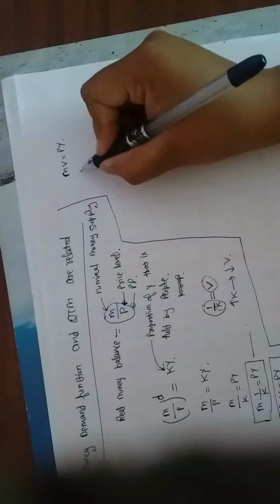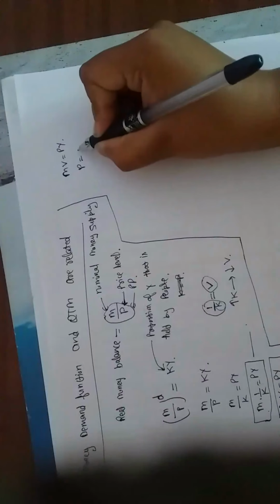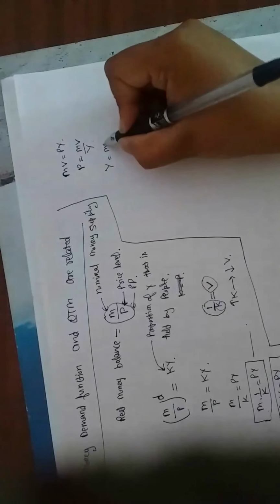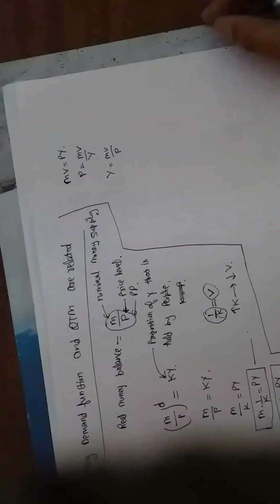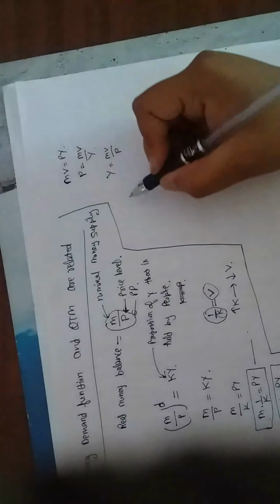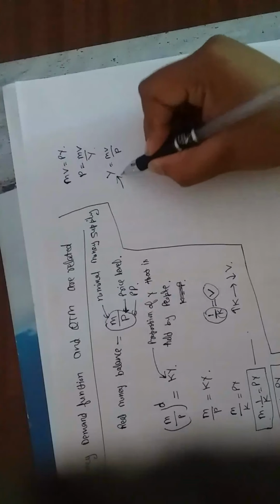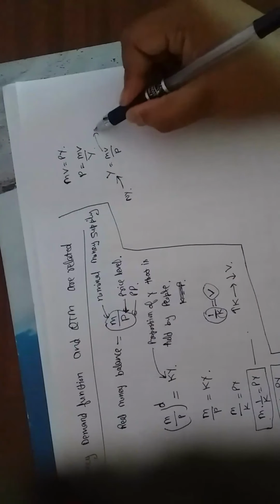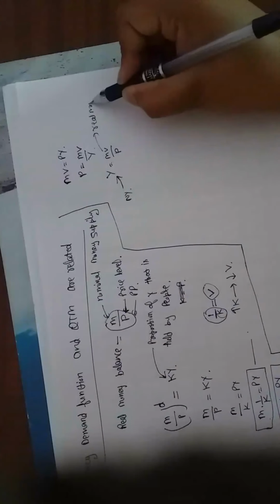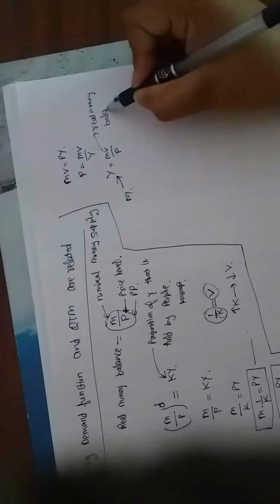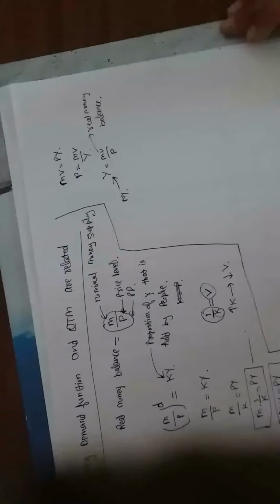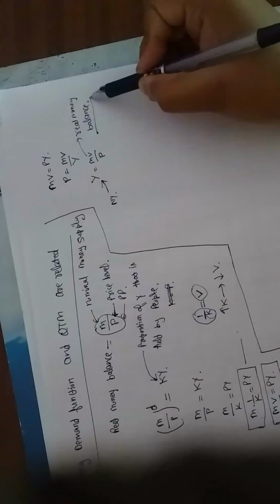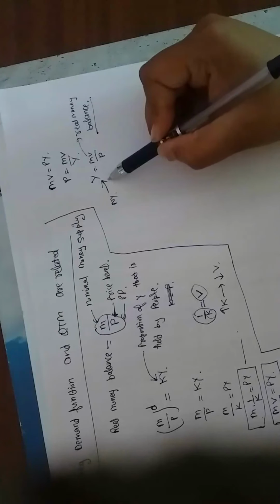M upon P is equal to Y upon V. This Y is national income, and this M upon P is real money balance. Demand for real money balance is proportional to national income.